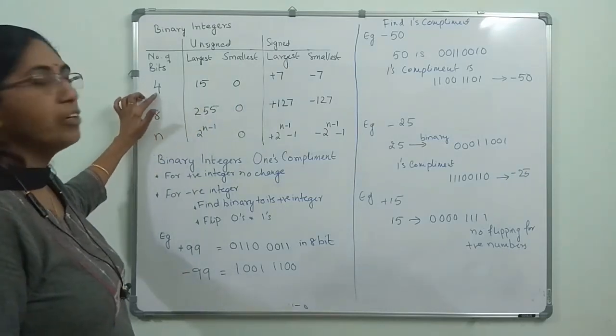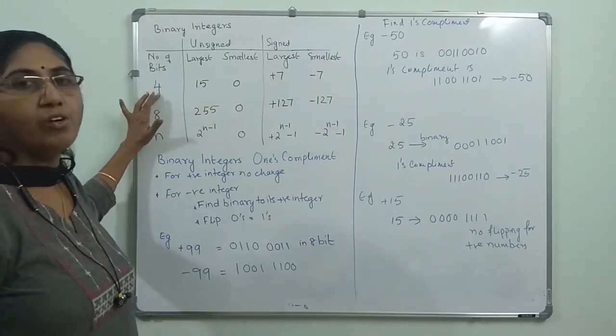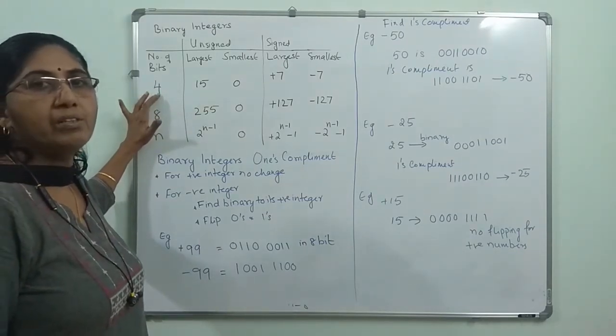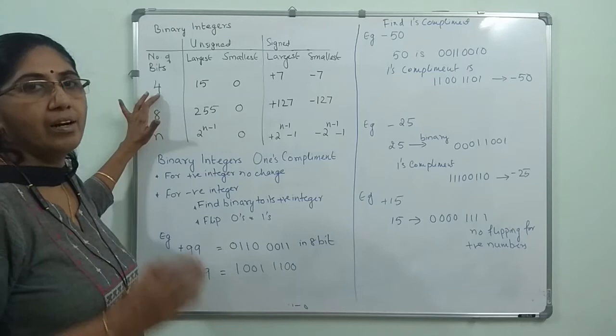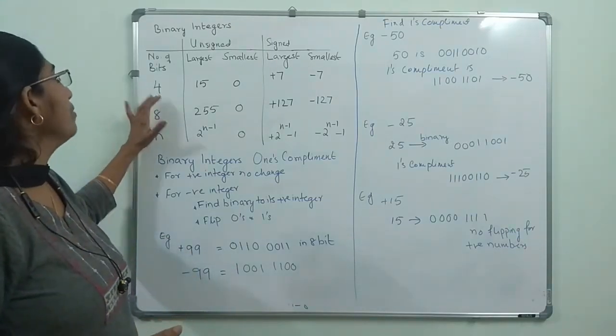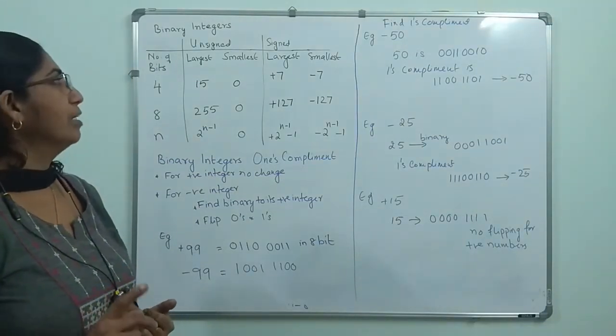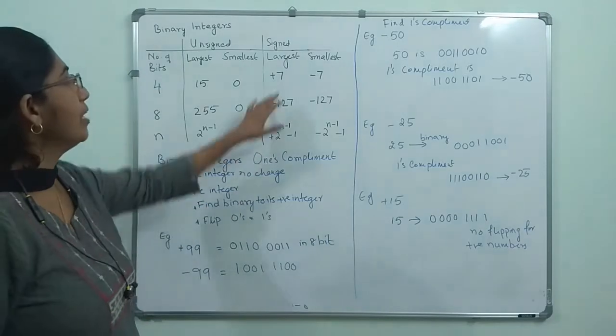The same thing if you are taking the signed representation, what happens? You are having only 4 bits. 1 bit you have to keep aside for the sign, whether it is positive or negative. Then you will be having only 3 places to represent the number. 111. What is 111? The value is 7.